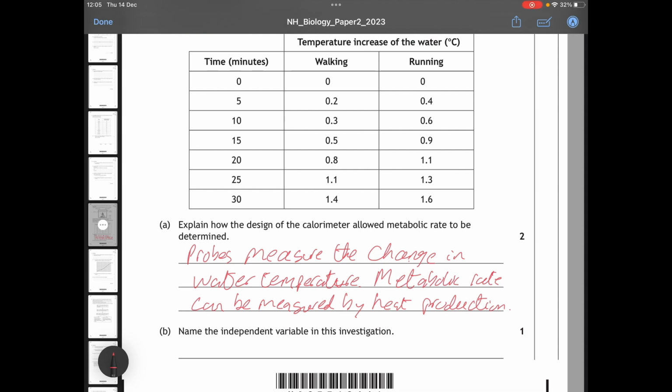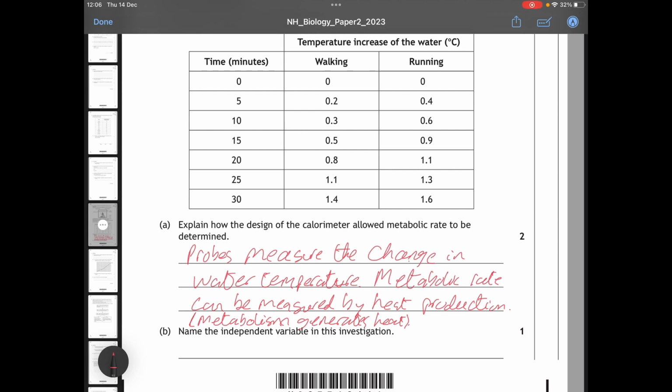Now you could of course add to that, I'll put it in brackets, because metabolism, or your metabolism, generates heat. Okay, so that's why we can use it.